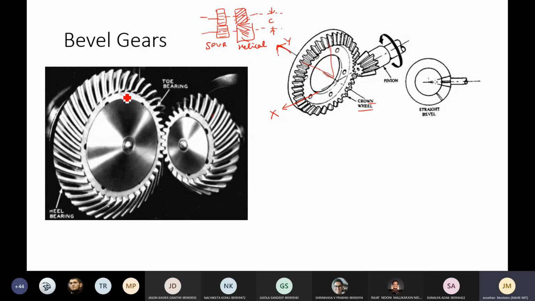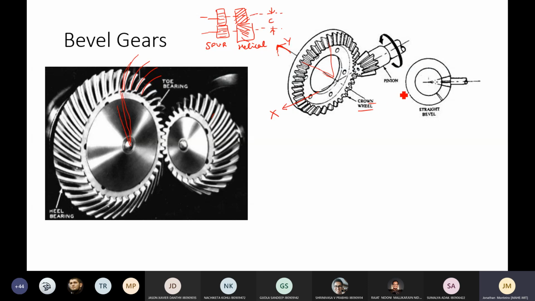Whereas here, they don't match exactly the radius. That is, you draw a straight line here and then the teeth begin to get curved. We'll discuss a little bit about why that curvature is required for some of the applications, and how do we determine whether curvature is required or not?